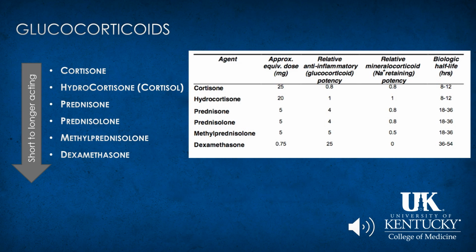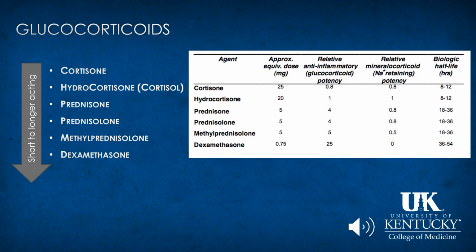The core substance, cortisol, is the more short-acting version, as is hydrocortisone, and has about an equipotency, meaning the anti-inflammatory glucocorticoid potency versus the mineralocorticoid potency. Half-life is about 8 to 12 hours.